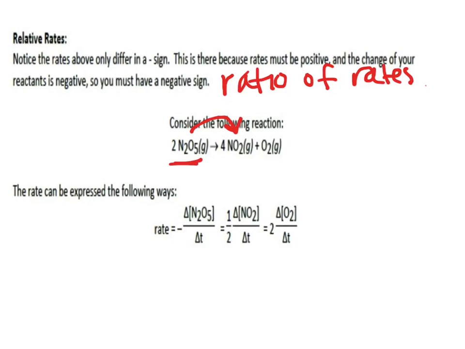You get four of them, so we get twice as much, right? What about oxygen? As two N2O5s disappear, what happens to oxygen? It gets one half, okay? So oxygen appears at half as fast as N2O5 is disappearing. So we want to look at this in relationship to each other.